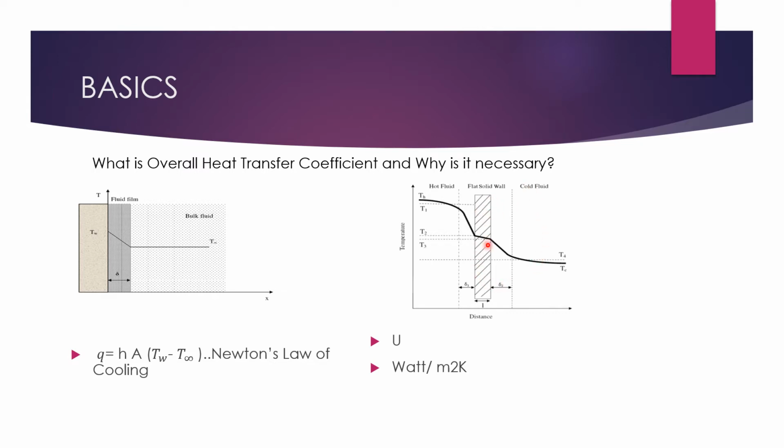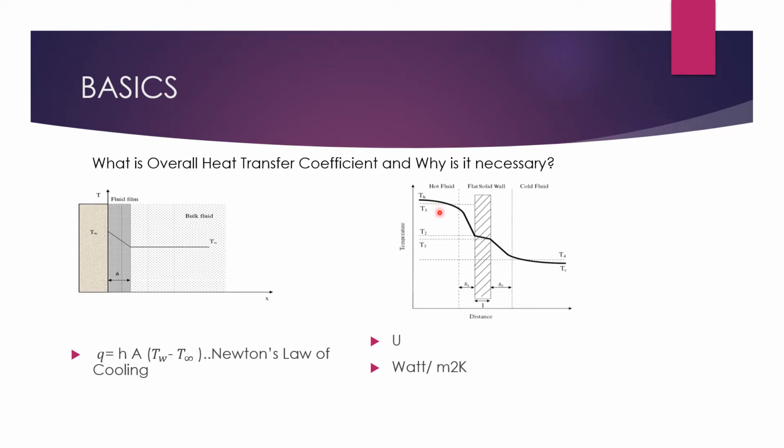It is also necessary to consider the thermal conductivity of the wall and the thickness of the wall. All these terms are covered under the concept of the overall heat transfer coefficient. That is, these are the factors included in the overall heat transfer coefficient.